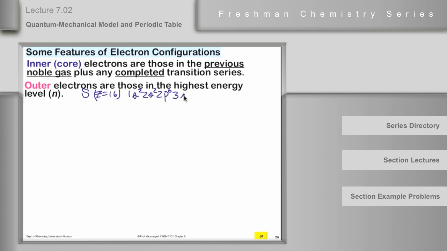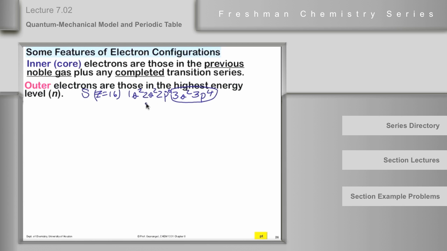Then 3s2, that's 12. And we need 4 more. They'll be in the 3p4. Now, as you look at this, the outer electrons are those in the n equals 3 level. And the inner or core electrons are the 1s2, 2s2, 2p6, which corresponds to neon. So they are the electrons that go with the neon noble gas.